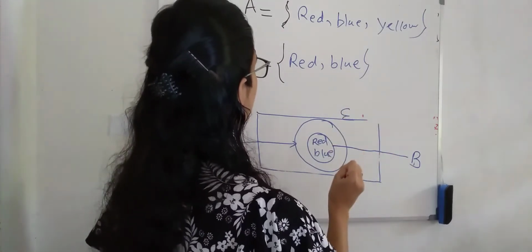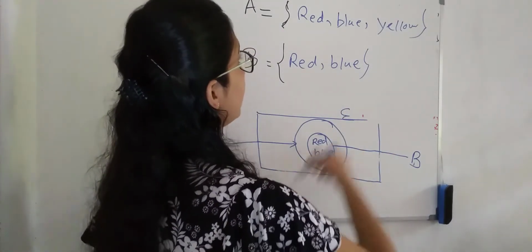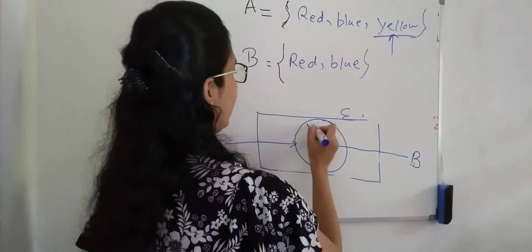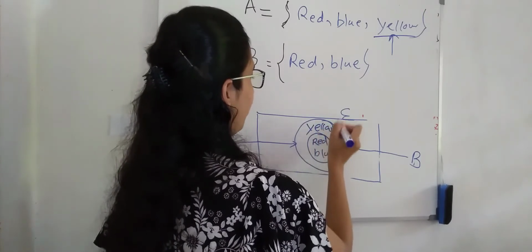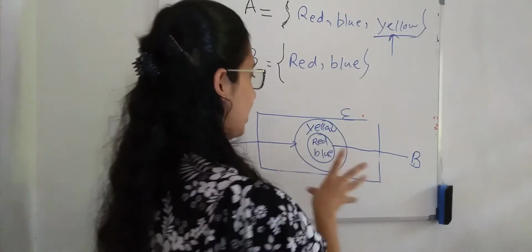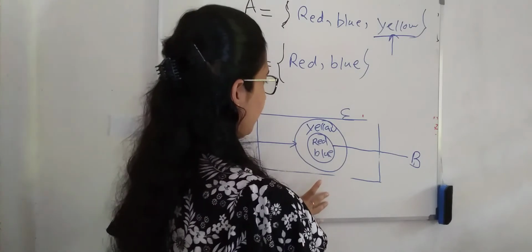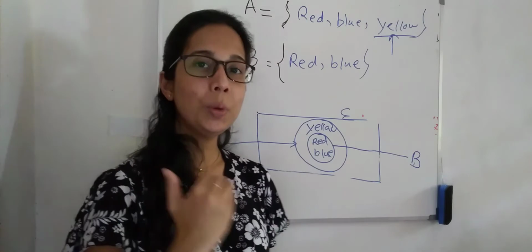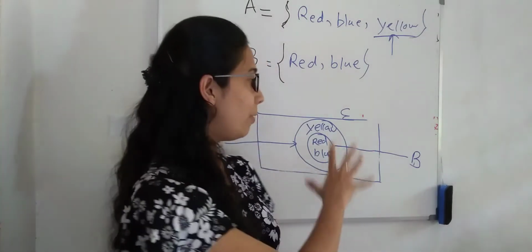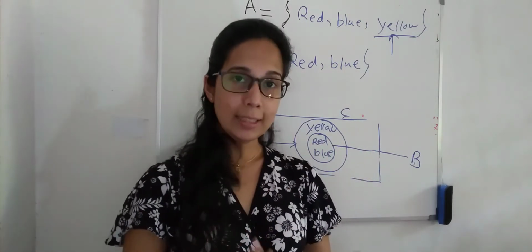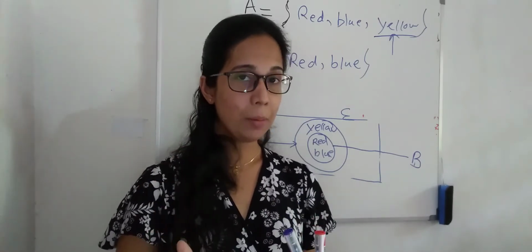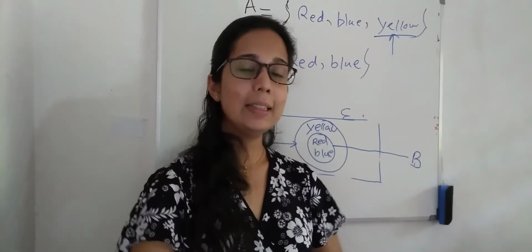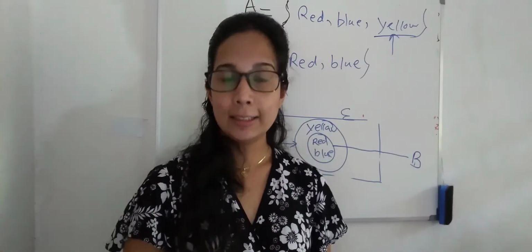And now we have to put only one element, only yellow, into the set A. This is the way of representing when one set is a subset of the other set. Keep this in your mind.